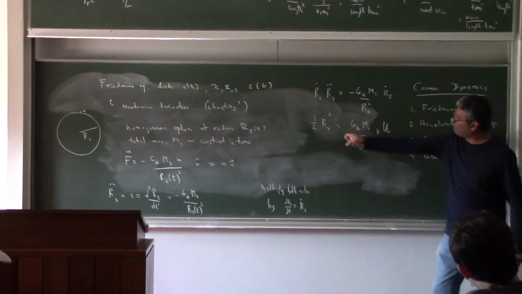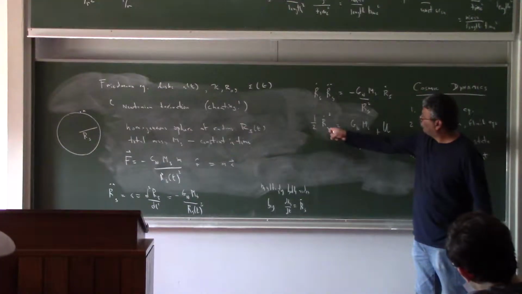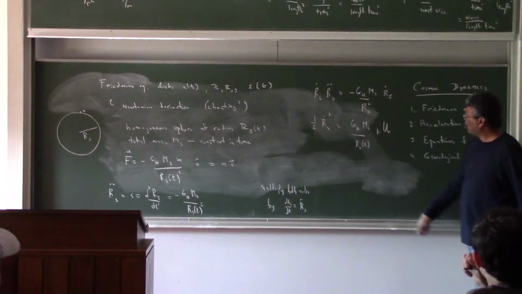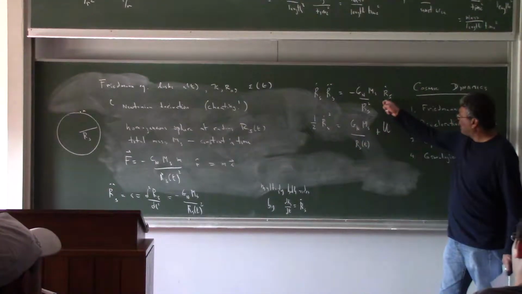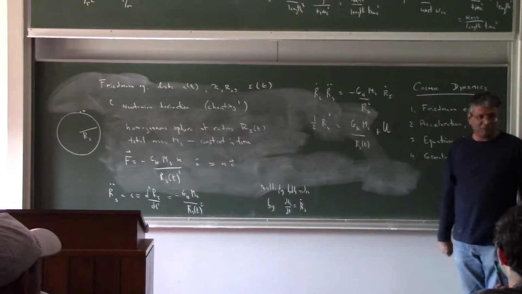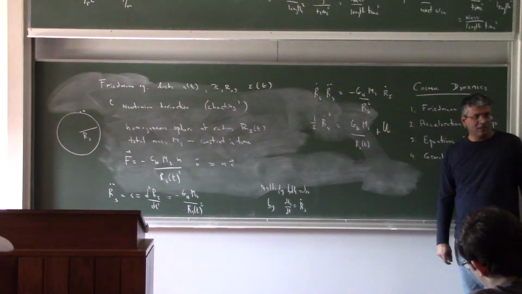If you take the derivative of this side, you get 1/2 times 2 rs dot rs double dot. If you differentiate this side, you get minus G Newton ms over rs squared times rs dot. So this is the right integration of this equation. Everyone happy with that?